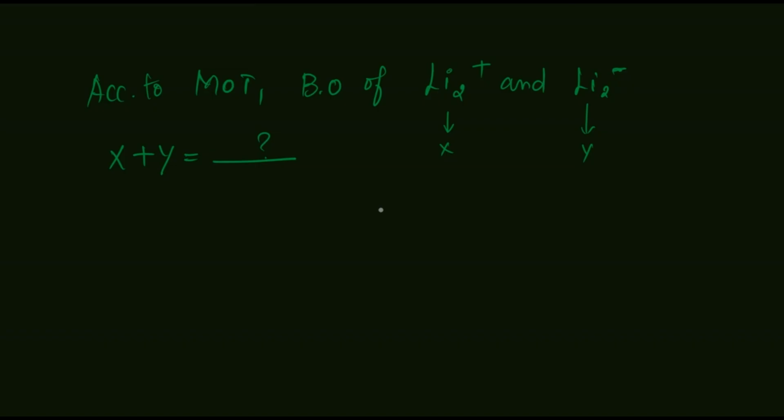Okay. So Li2 means total 6 electrons. Li2 plus, minus 1, gives 5 electrons. And Li2 minus, 6 plus 1, 7 electrons. So for finding bond order, bonding electrons minus anti-bonding electrons, divided by 2.